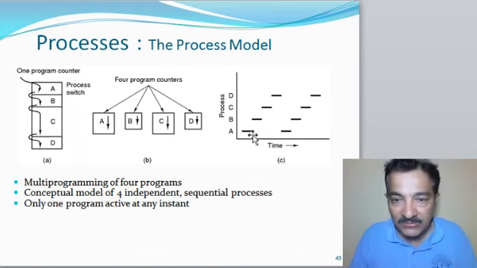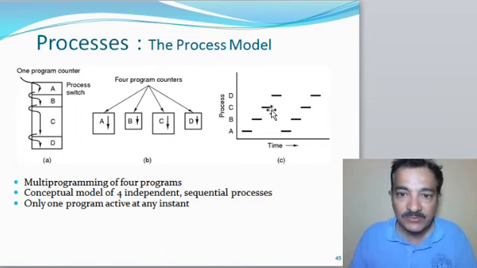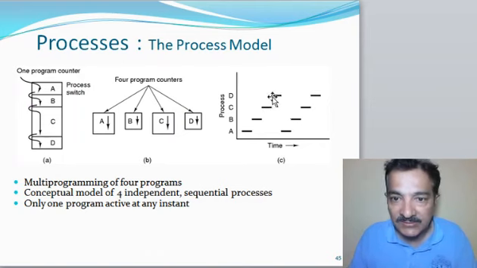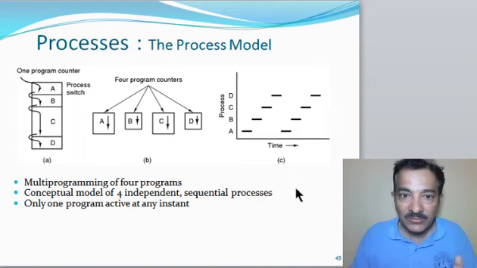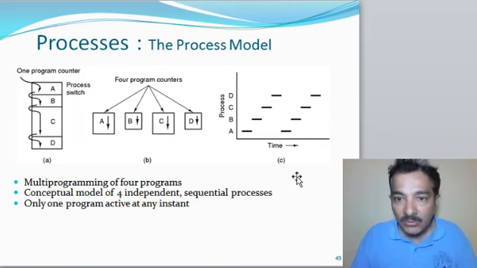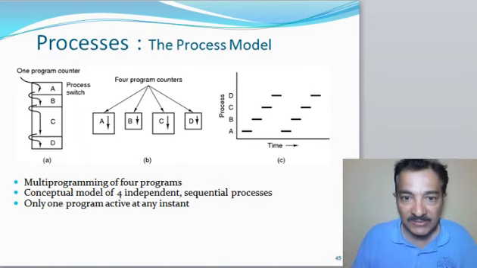It will execute for some time, then it will stop process A, and then it will execute process B for some time, then stop process B, and then execute process C for some time, then stop process C, and then it will execute process D, and after that again it will start executing process A, process B, process C, and process D, and so on. So it will execute all of them one by one. Now how this whole transition happens, let's look into that in more detail.